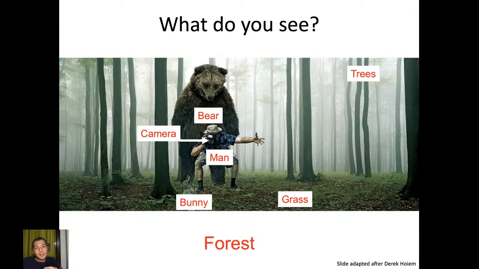You can name the most obvious things like the man, the bear, the bunny, let's say the trees, but then you can also think about the grass on the ground, the leaves, the camera that the person is using. We can also think about the socks, the shoes, the t-shirt, and the pants, and so on.